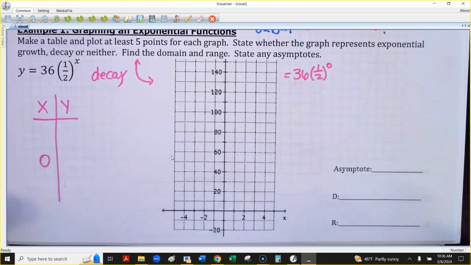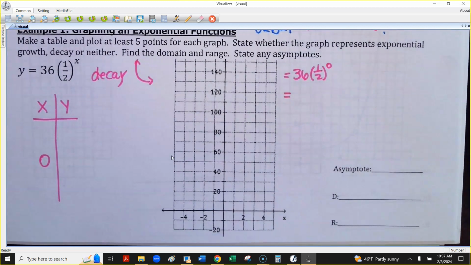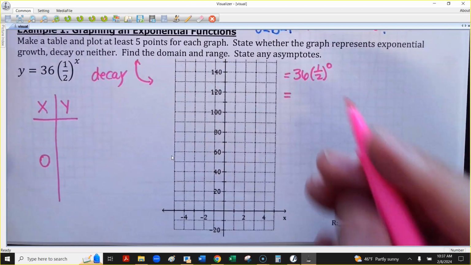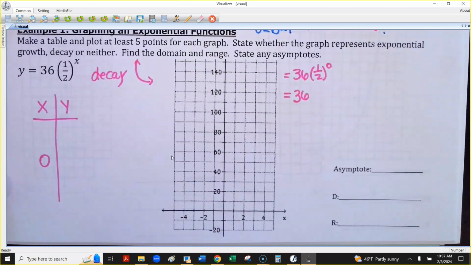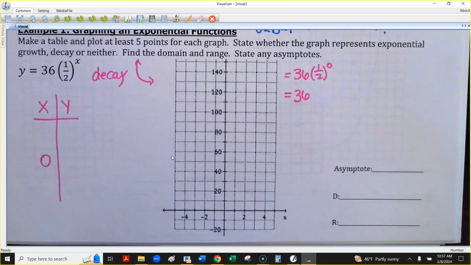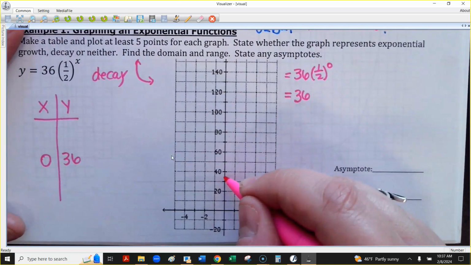Anything to the 0 power is 1. I know everybody forgets that. So when you do that, my y value is going to be 36. Just kind of estimate where this would be on the graph. This goes by 10, so just a little bit under the 40.